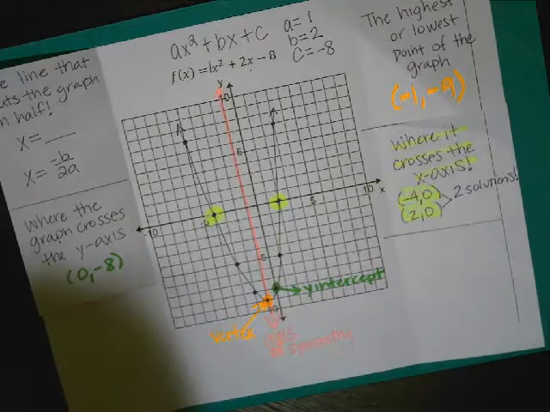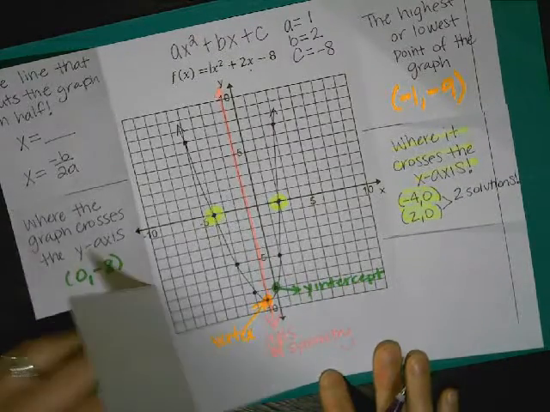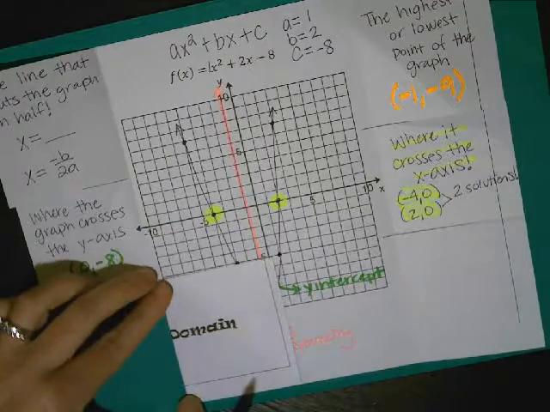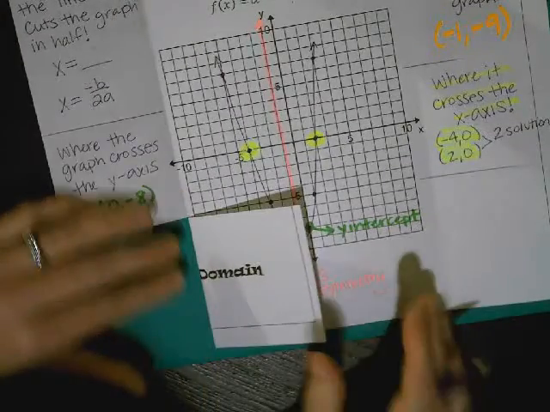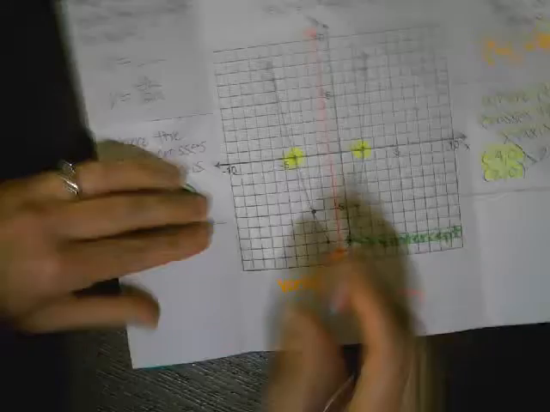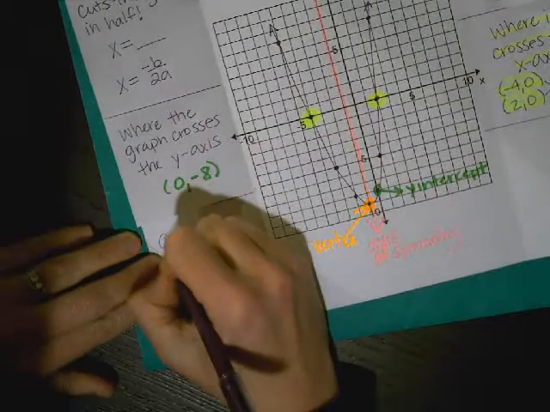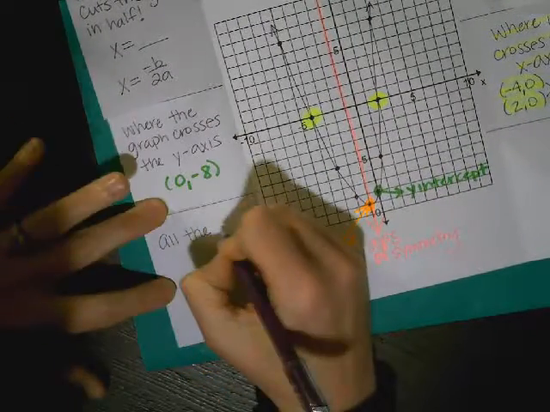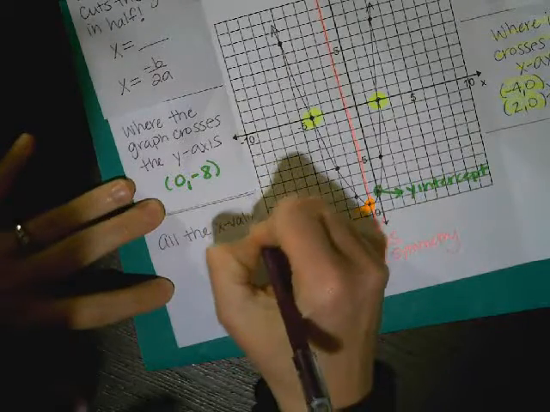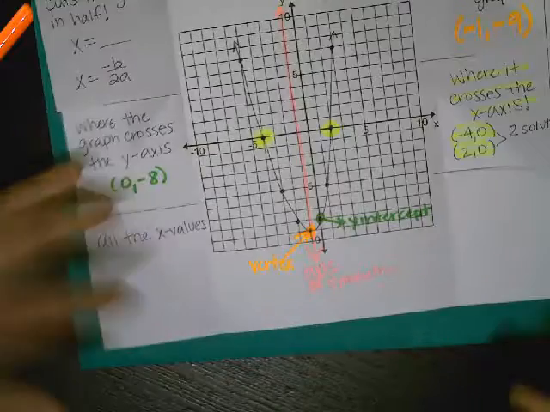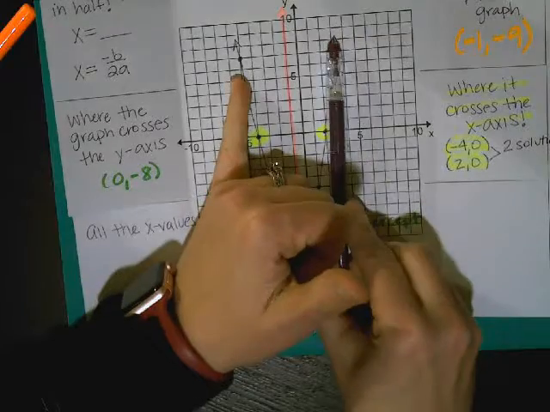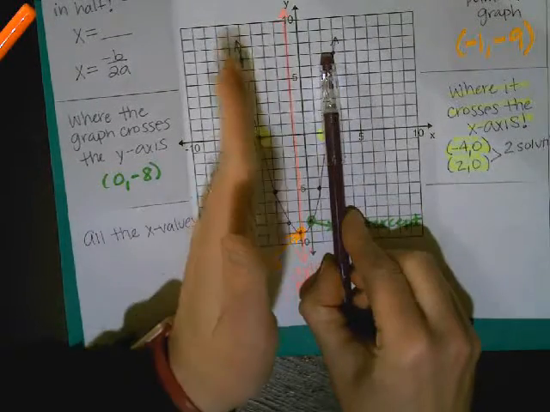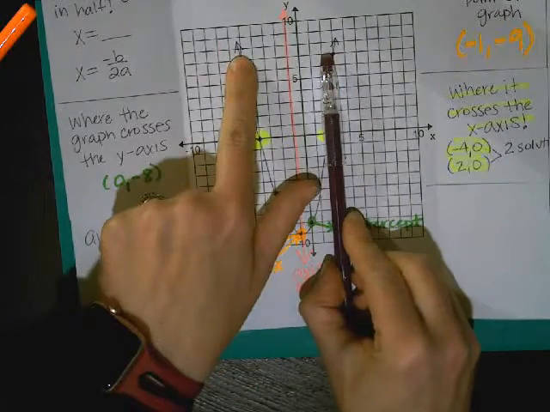Alright, the last thing we need to talk about is domain and range. So remember, the domain is the set of all of the x values. Okay, it's all the x values. Remember, we take our pencil and we look on either side, the left and right side. On the left side, it has an arrow.